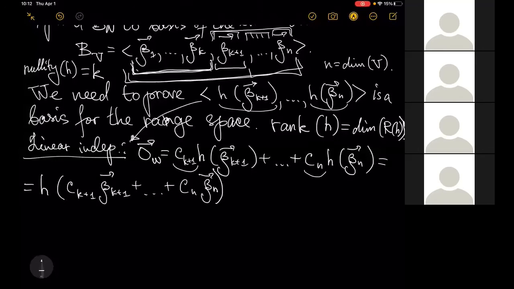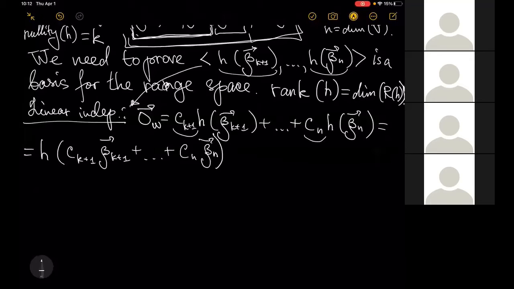Right? So we used linearity. But this vector, you see, it's mapped to the 0 vector in the vector space W. It means that this vector belongs to the null space of my homomorphism, right?